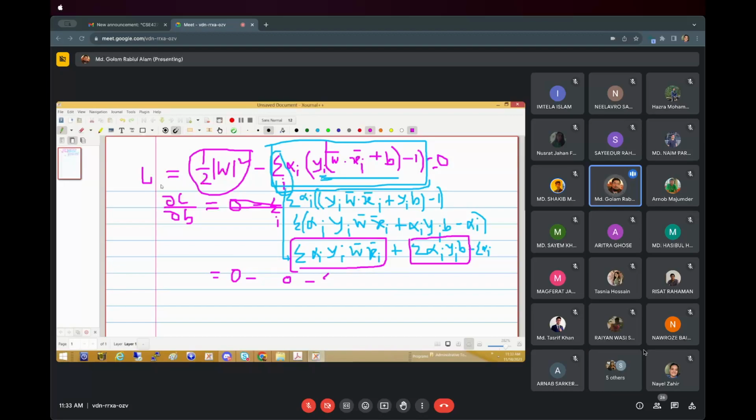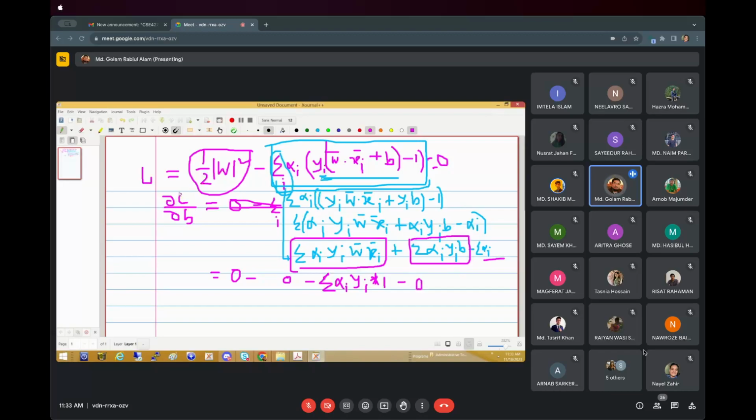If we take the derivative with respect to b, then we will get only the summation of alpha I and yi and just 1. Okay, so b is 1 and minus alpha I here is constant, also 0.